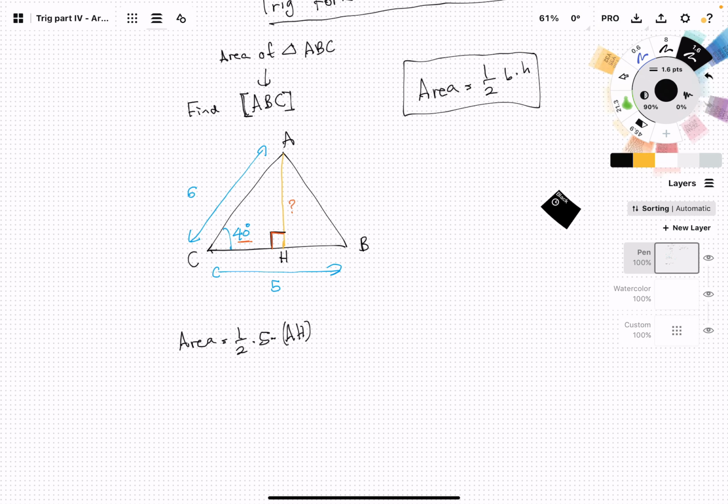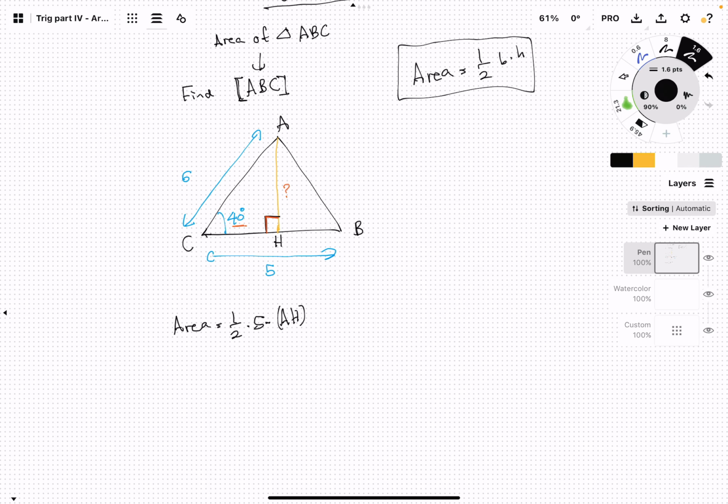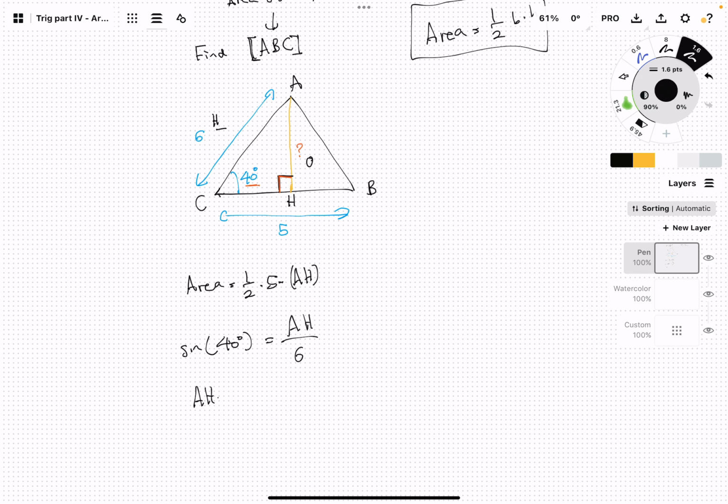So in particular, this is opposite, this is the hypotenuse, which is known, so we want sine. In particular, sine 40 is the opposite side, which is AH, over the hypotenuse, which is 6. So AH equals 6 sine 40.